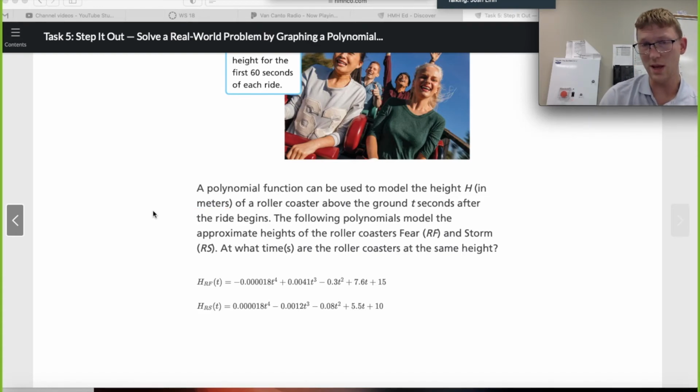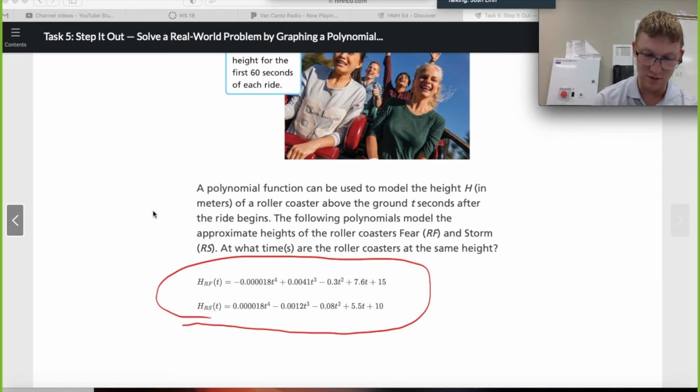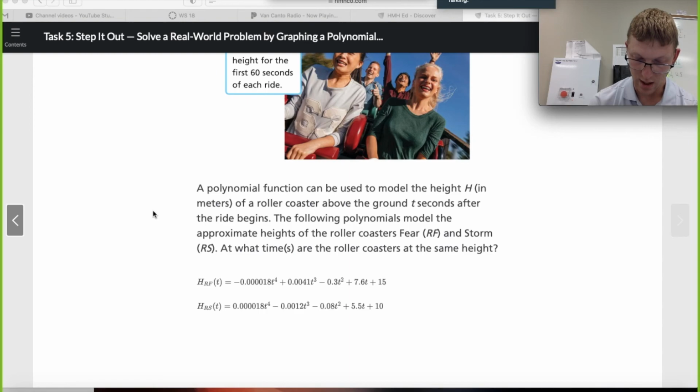But we have the mathematical abilities to find zeros of a function. So what we need to do is combine these in such a way that we can essentially figure out the zeros.